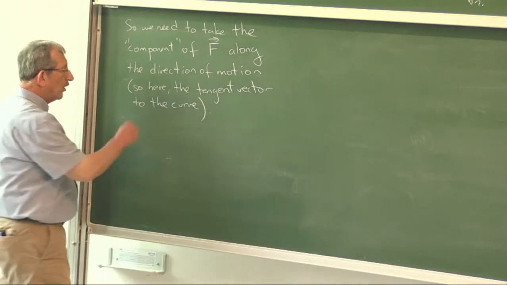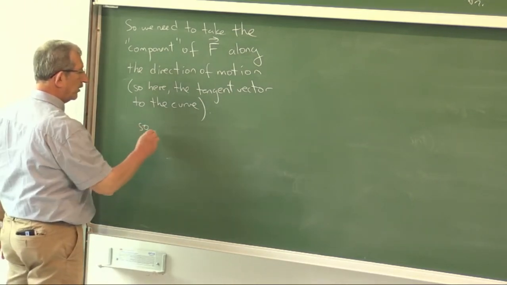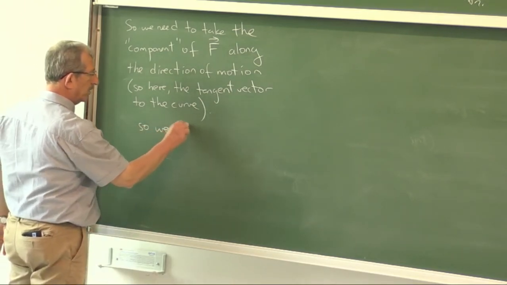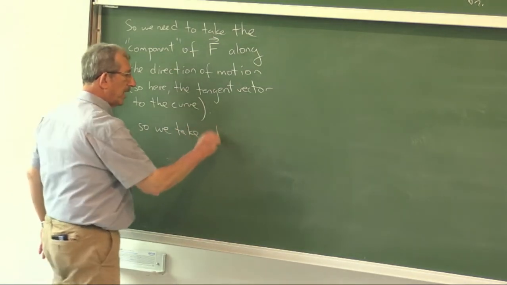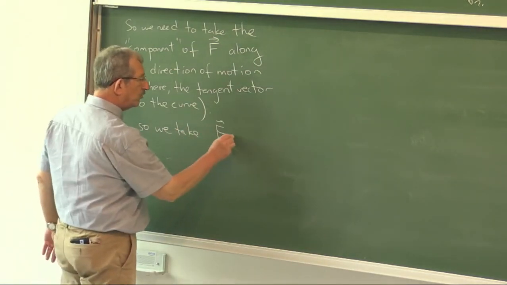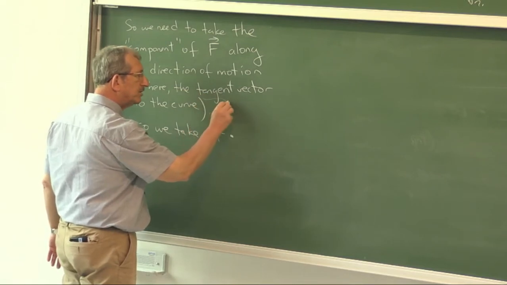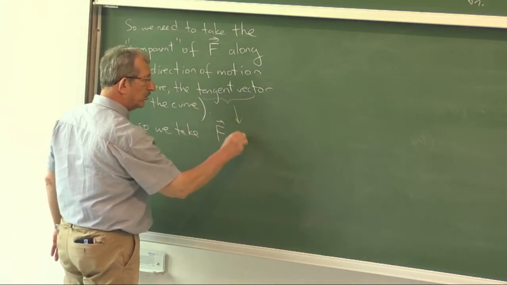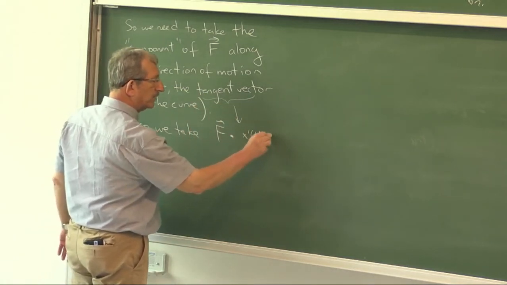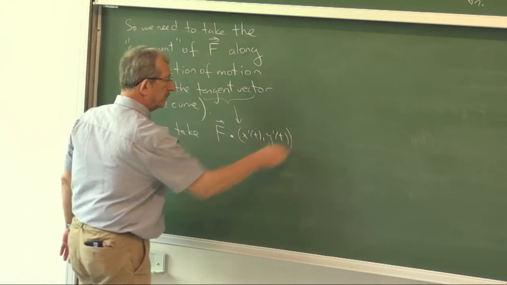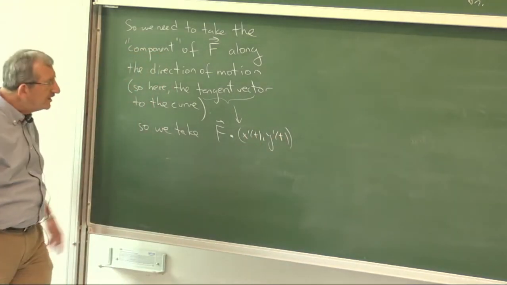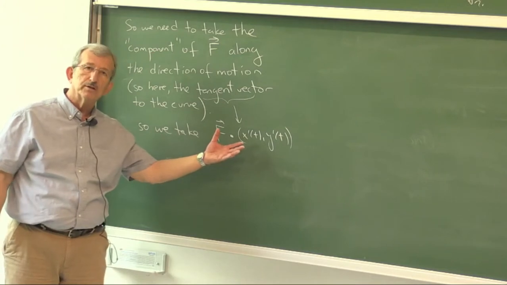So we take f dot product the tangent vector, so it would be x prime, y prime. But this does not give the component.